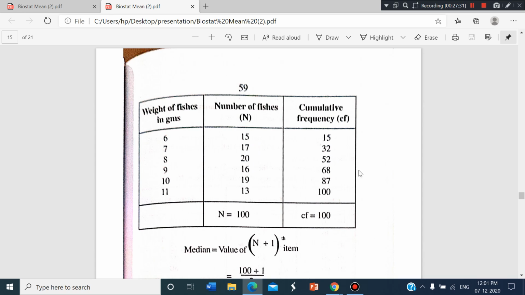Third value, 20 plus 32, 52. Fourth value, 16 plus 52, 68. Fifth value, 19 plus 68, 87. And for the sixth value, 87 plus 13.